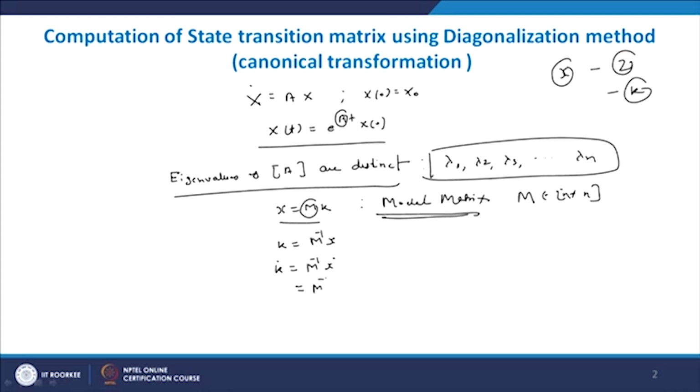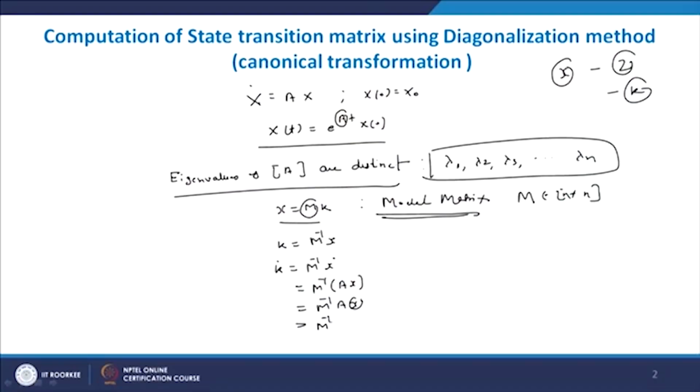Now, what is x dot? X dot equals A into x, so k dot is M inverse A into x. What is x? This x is nothing but M k. Our state is in terms of k on the left-hand side, so on the right-hand side also we should get the equation in terms of k. Therefore, M inverse A, and x is replaced by M into k.